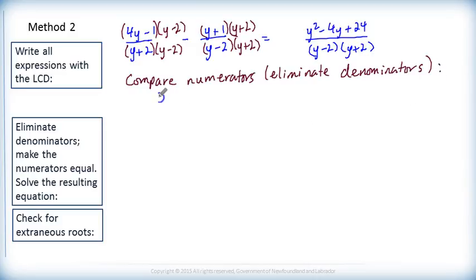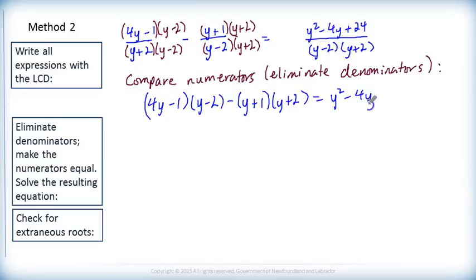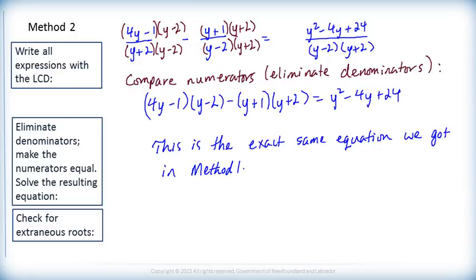So we've got 4y(y - 2) - (y + 1)(y + 2) = y² - 4y + 24. If you go back and look at method 1, that's the exact same equation we got back there, so I won't bother to resolve it here. You can look back there. The main thing is, how do we get rid of the denominators here?